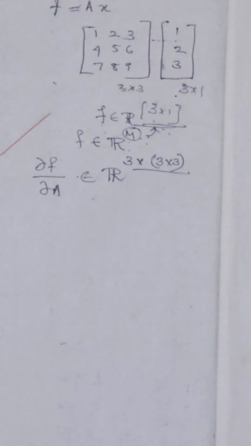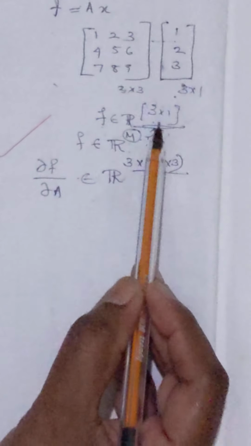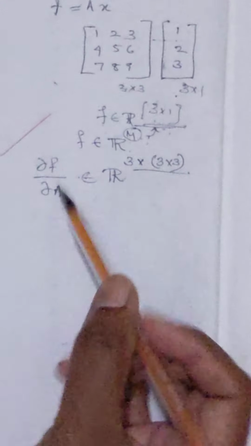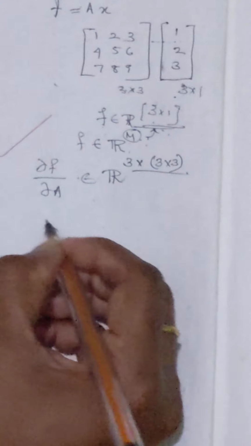Next, how do we find the partial derivative? In this example, f has 3 rows and 1 column. After performing the multiplication, you will get the values in 3 rows.